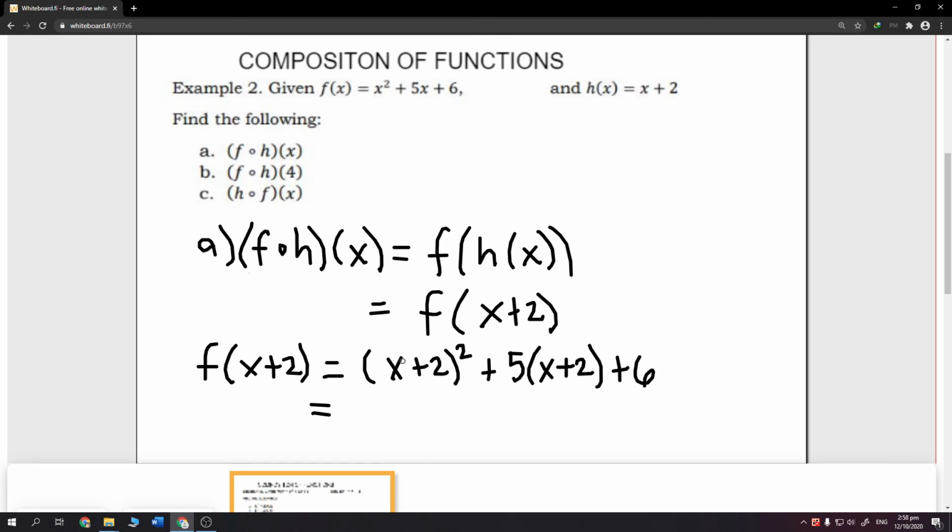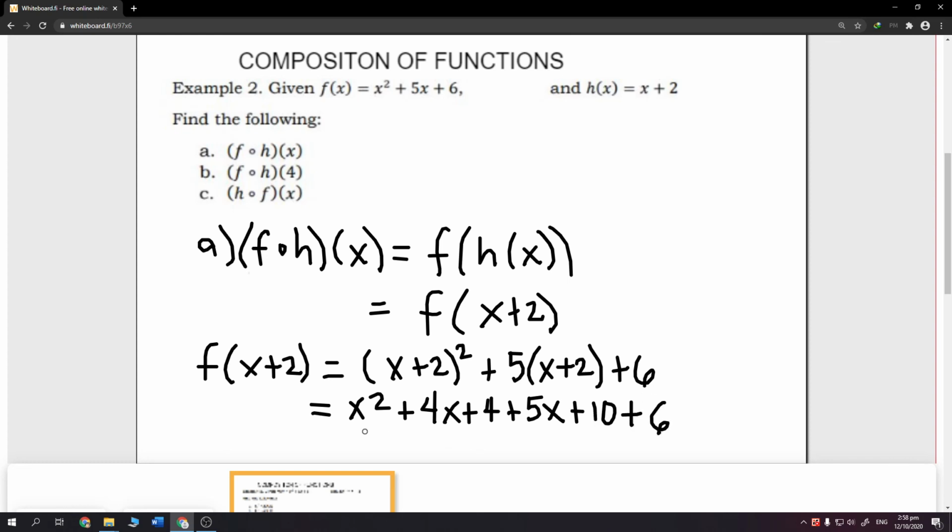So to answer this, we have the square of a binomial. We have x squared, then plus x times 2, we have 2x times 2. So we have 4x. Then we have the square of 2, which is 4, plus distribute 5 to x plus 2. So we have 5 times x, we have 5x. 5 times 2, we have 10.